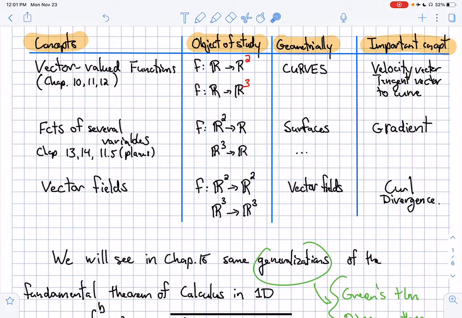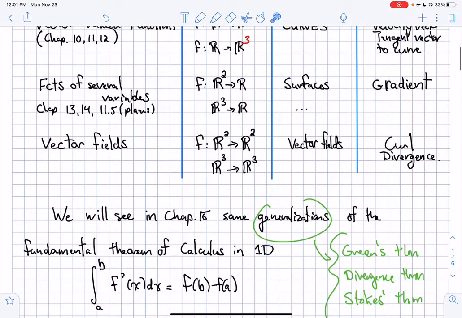Very, very important concept, the gradient of a function. So that was in chapter 13. In chapter 14, we did integrals of such functions. And at the very beginning, we looked at planes, which are the linear functions. All right. And now we look at vector fields.